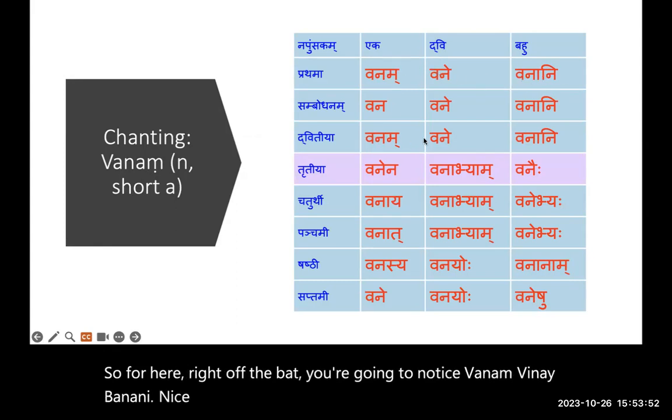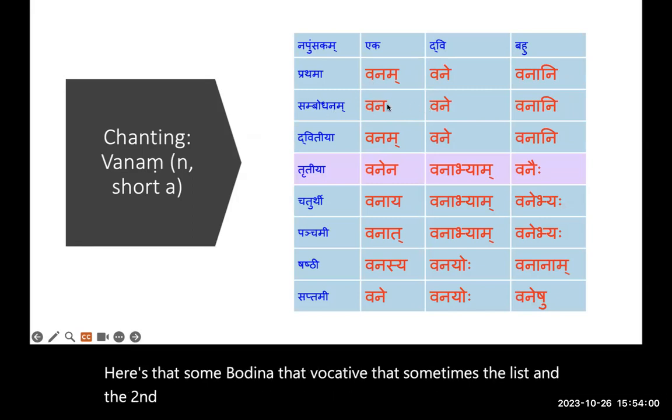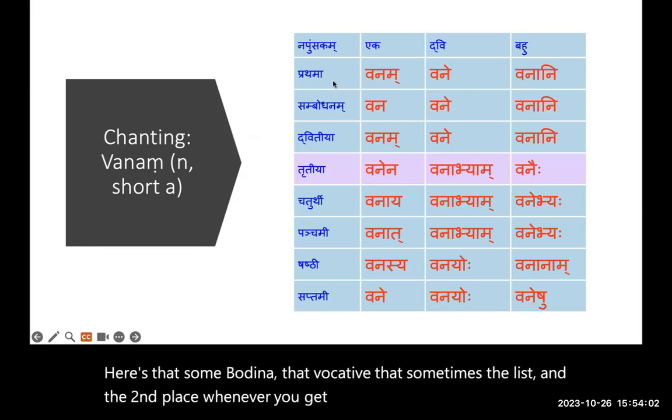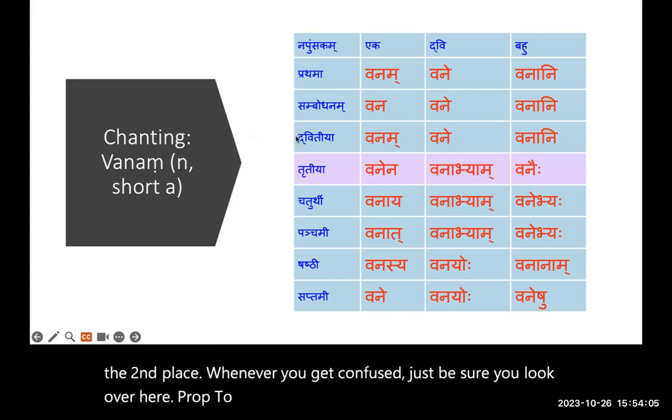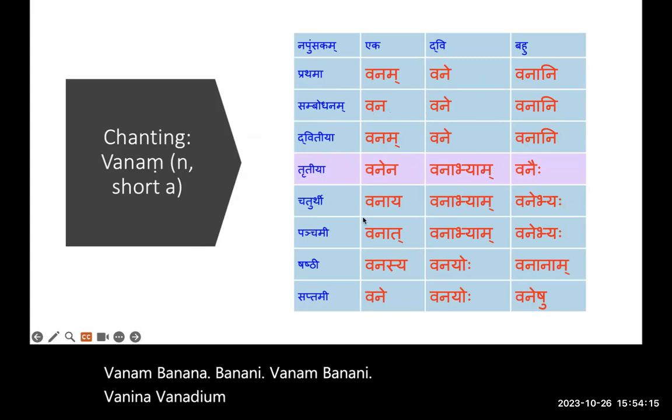Nice. Vanam, vane, vanani. Now, here's that sambodhana, that vocative, that sometimes lists in the second place. Whenever you get confused, just be sure you look over here. Prathama means first. Dvitiya means second. Vanam, vane, vanani. Vanena, vanabhyam, vanaihi.